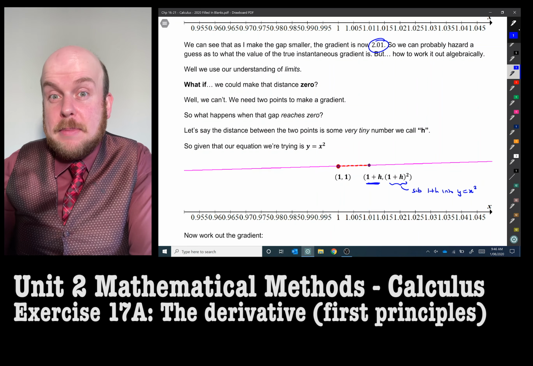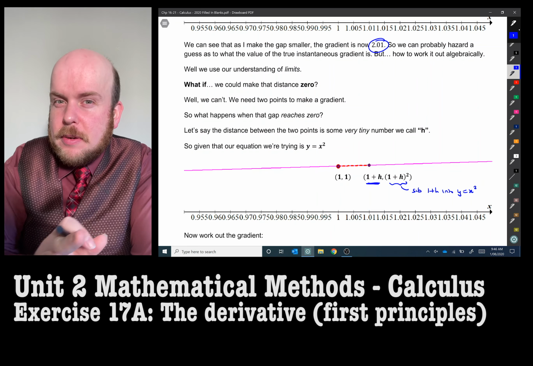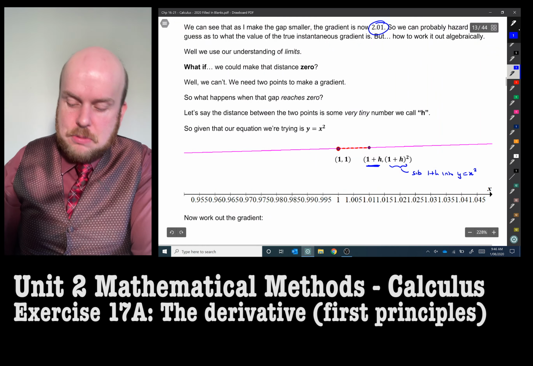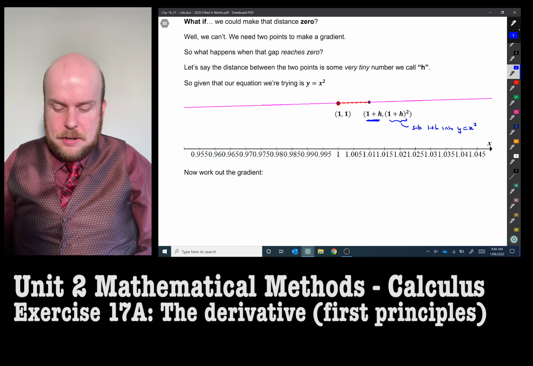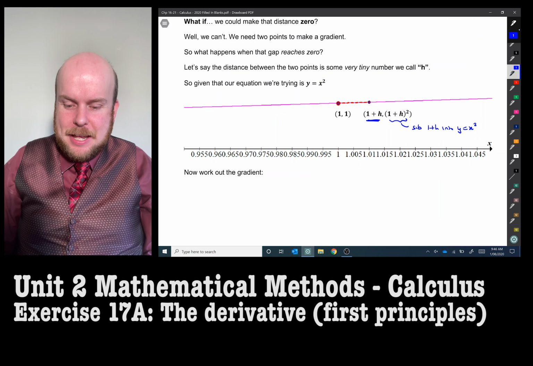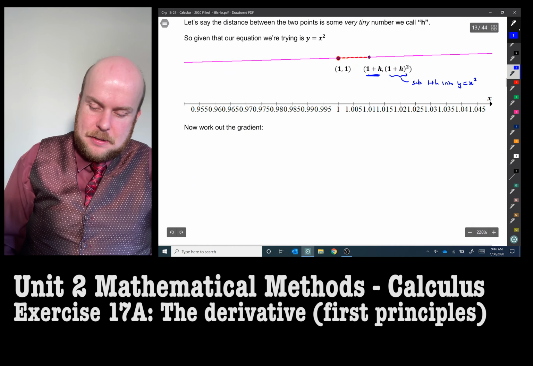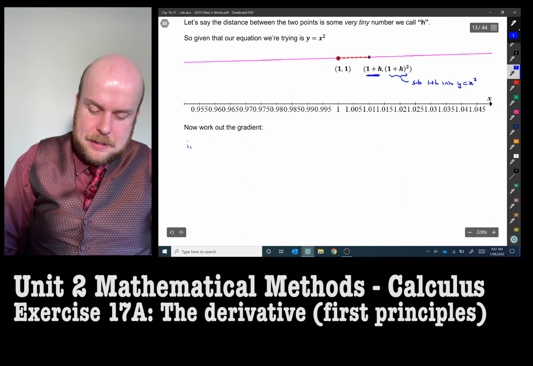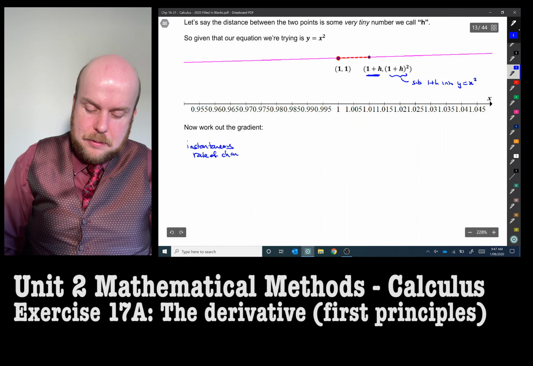I'm going to make h approach 0, but not actually 0 because that will cancel everything out. But I can make it as close to 0 as humanly possible. So what I'm going to do is state my instantaneous rate of change, which we call the derivative.